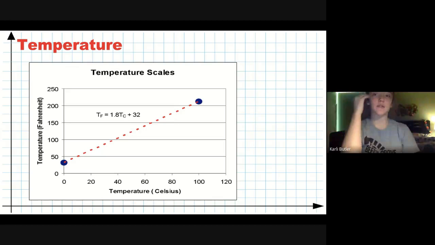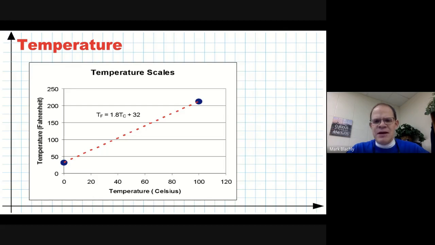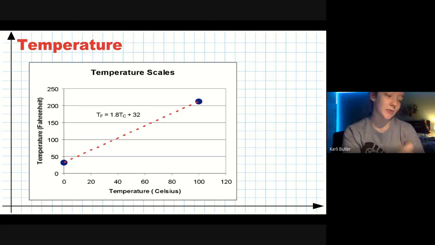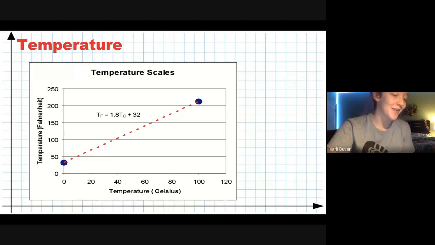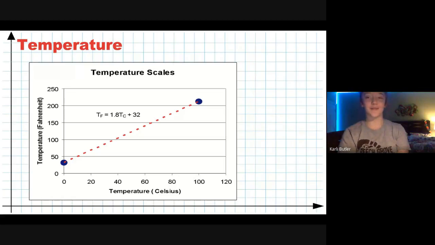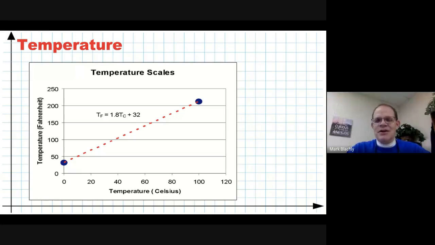Did you say 72? 72 is the temperature in Fahrenheit. So what would the temperature in Celsius be? I got 23.3. I'm not sure. Why don't you like it? It wasn't an even number, so I just didn't know. Oh, yeah. My room right now is about 23 degrees Celsius, about 72 degrees. Okay? All right.